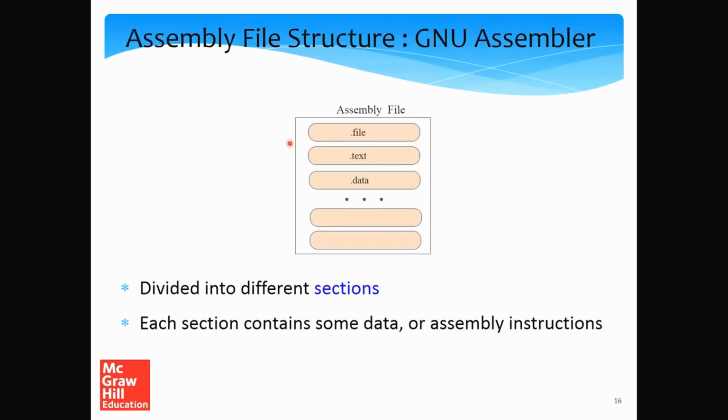If I consider a certain assembly file, the first part contains some meta information, like the name of the original program that this assembly file corresponds to. The .text section corresponds to all the instructions, and the .data section corresponds to all the data that is accessed by the program, particularly all the constants.